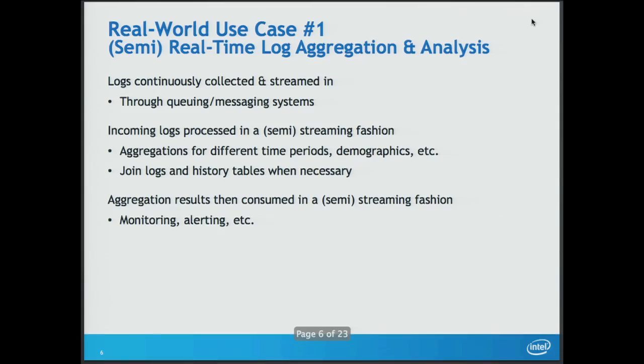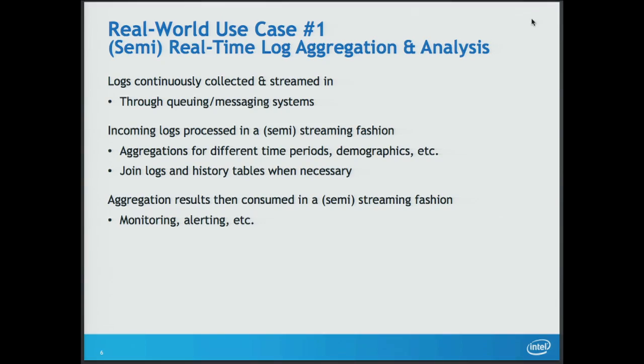The first use case is pretty simple but very common: real-time or semi-real-time log aggregation. You have a lot of agents, or maybe your front end, continuously collecting logs and streaming them into the system, typically through some queuing or messaging system. Those incoming logs are processed in a semi-streaming fashion.